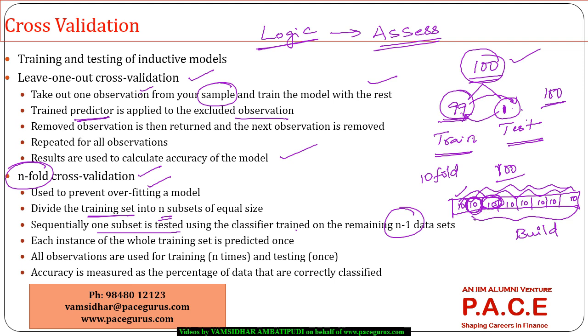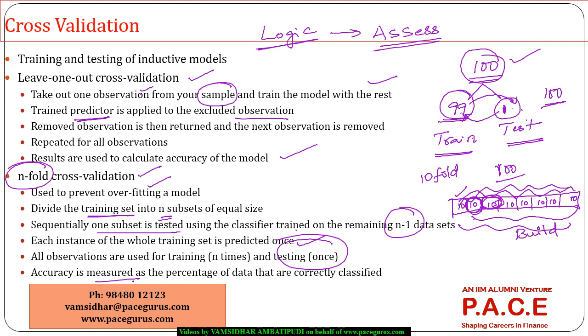So there are different models getting built, and in each model we are testing a different set of data altogether. Each instance of the whole training data is predicted once, and all observations are used for training n-1 times, whereas for testing they are used once.